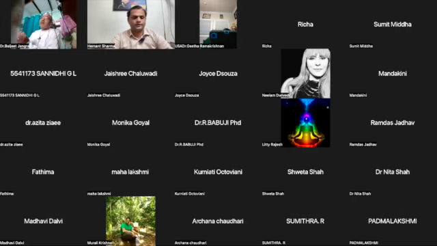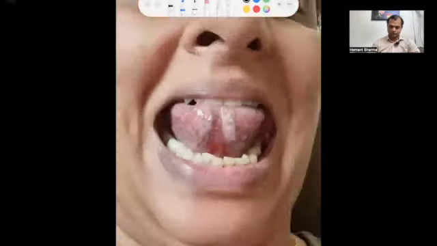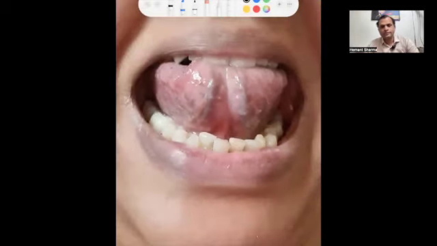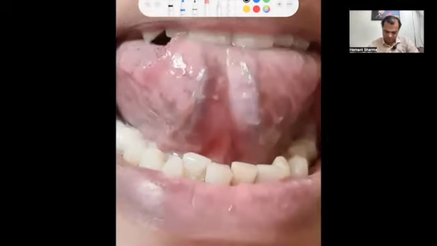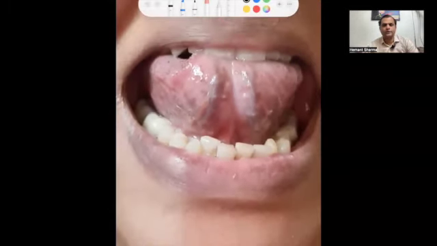Now you can see there is a wonderful nodule below the tongue. Anyone else having the nodule, send me. So let's see this. Can you see the nodule? So these are the nodules found on the vein, on the side of the vein.